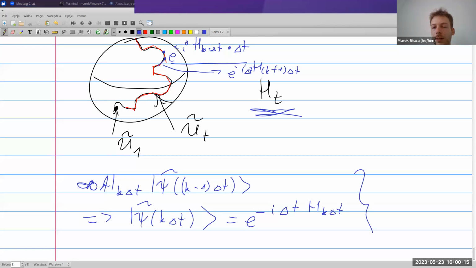So what I wrote here is a recursive evolution, and that corresponds to these piecewise constant choices of geodesics.